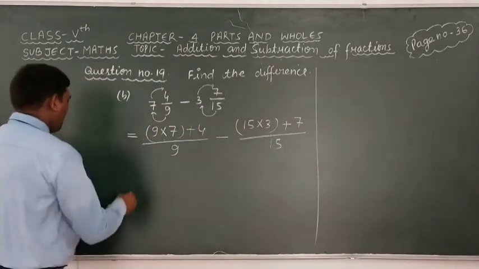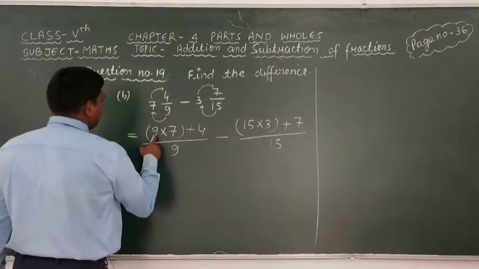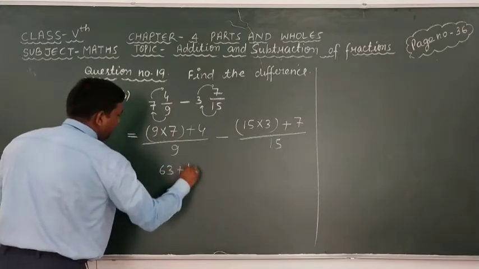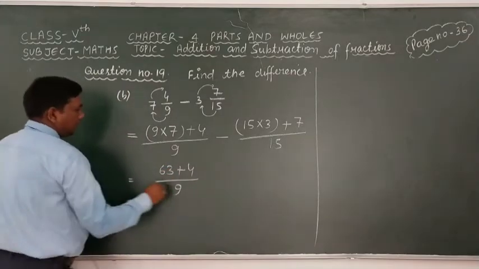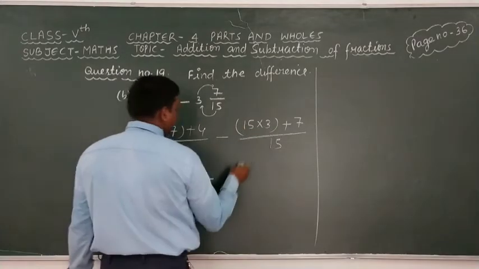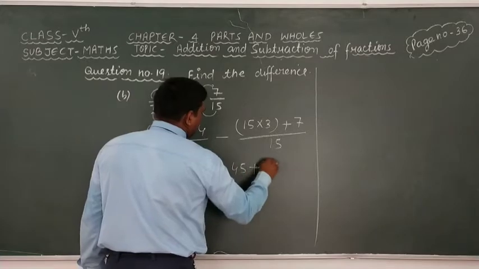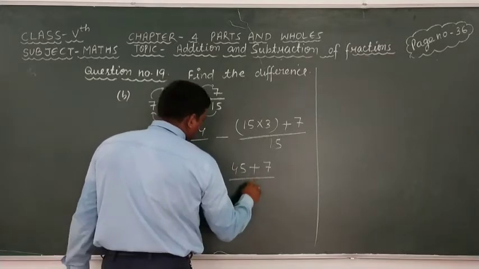Look at here carefully. After multiplying these we get 9 7s are 63 plus 4 over 9 minus 15 3s are 45 plus 7 over 15.